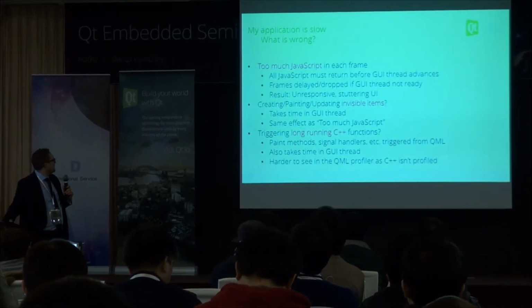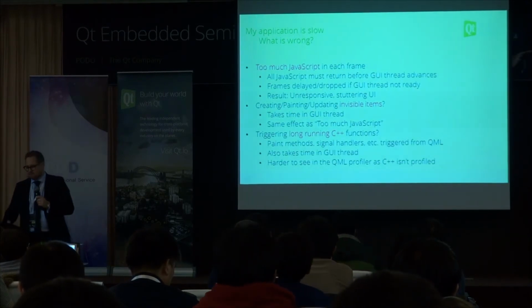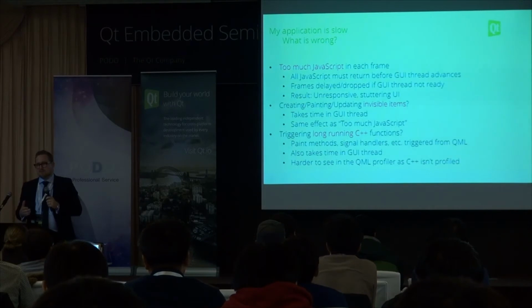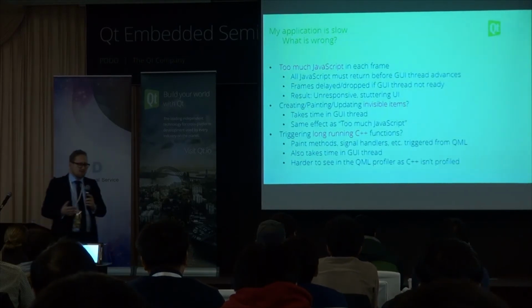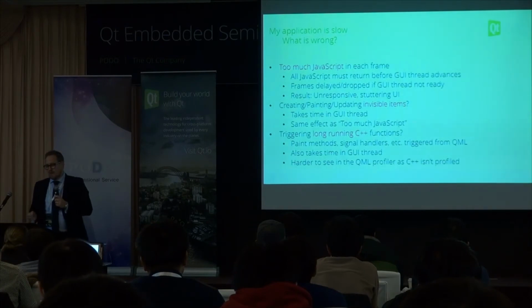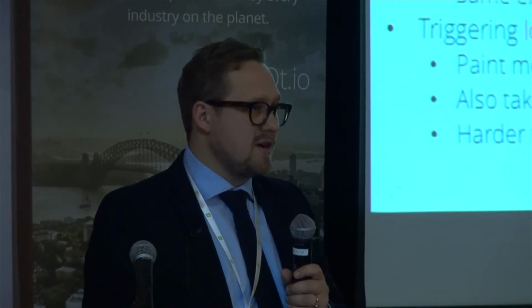I don't think I have the time to start going too much into detail about the different aspects and the different things. But too much JavaScript in each frame is a classical example of when an application starts to look slow. We want to have a new frame being rendered every 16 milliseconds or more. That is 60 frames per second.